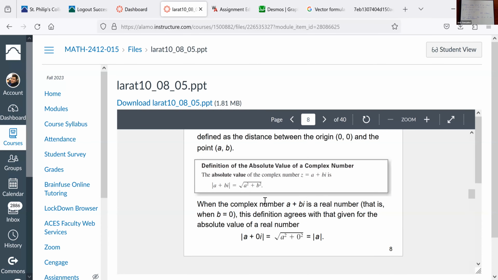No, that's the absolute value, which is basically very similar to the magnitude.